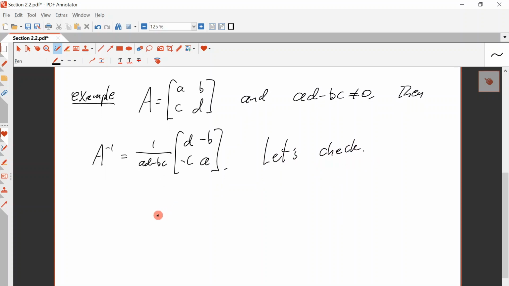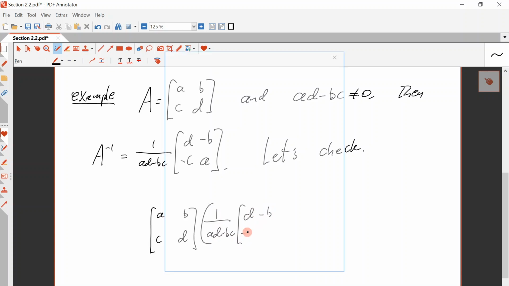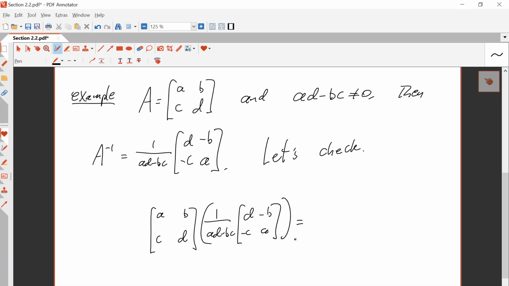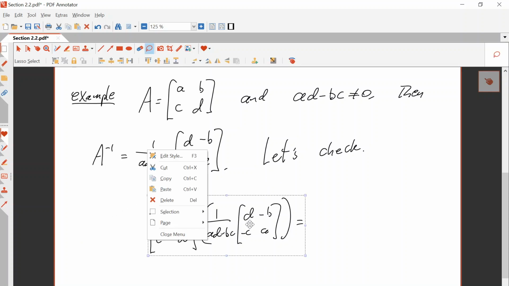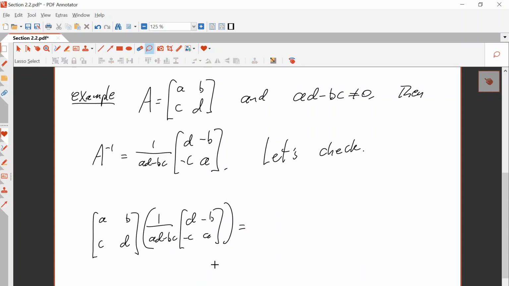Okay, so A, B, C, D times the scalar 1 over AD minus BC times the matrix D, minus B, minus C, A is equal to, well, let's take that scalar and bring it out front.